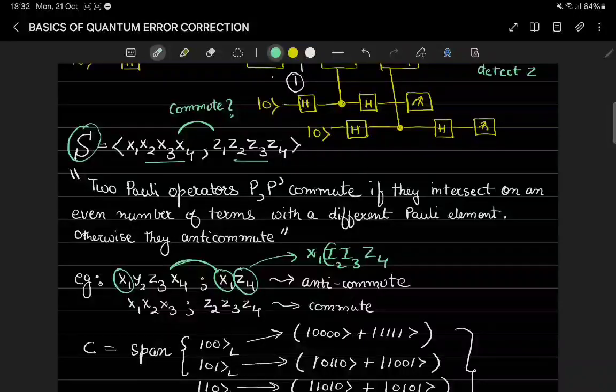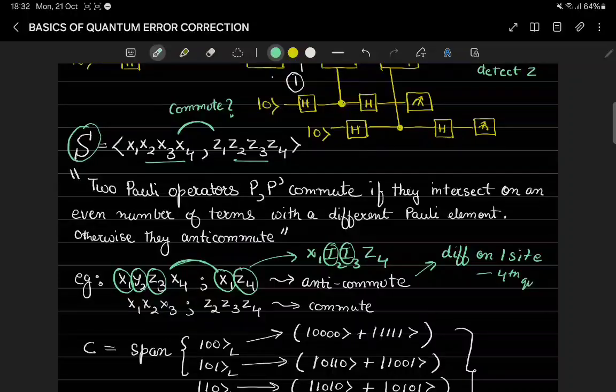So I will not include the identity operators. I will not consider those places. So I will ignore the 2 and 3 place, and I will only focus on 1 and 4 place. In the first place they are same, but in the last place they are different. So they are different on one side, that is namely 4th qubit. So this means they anti-commute because this is an odd number. 1 is an odd number.